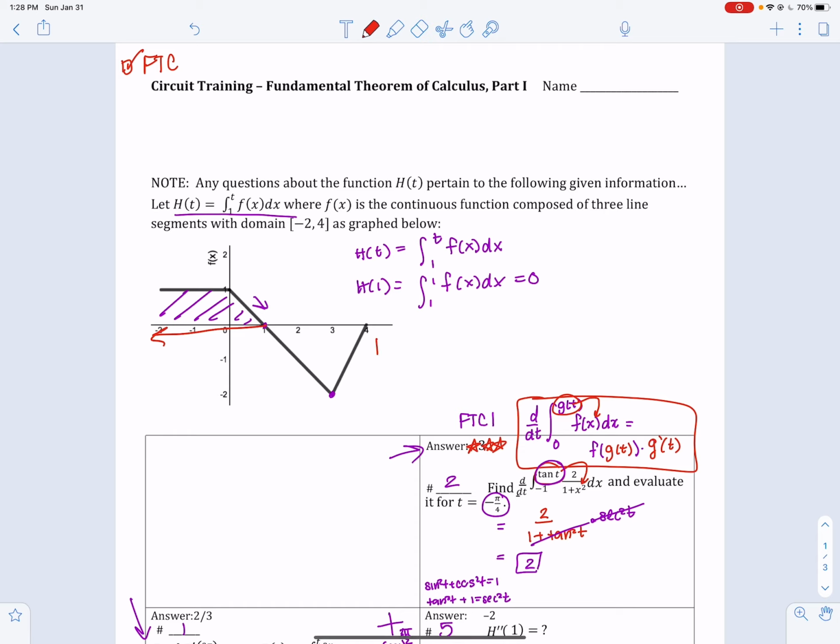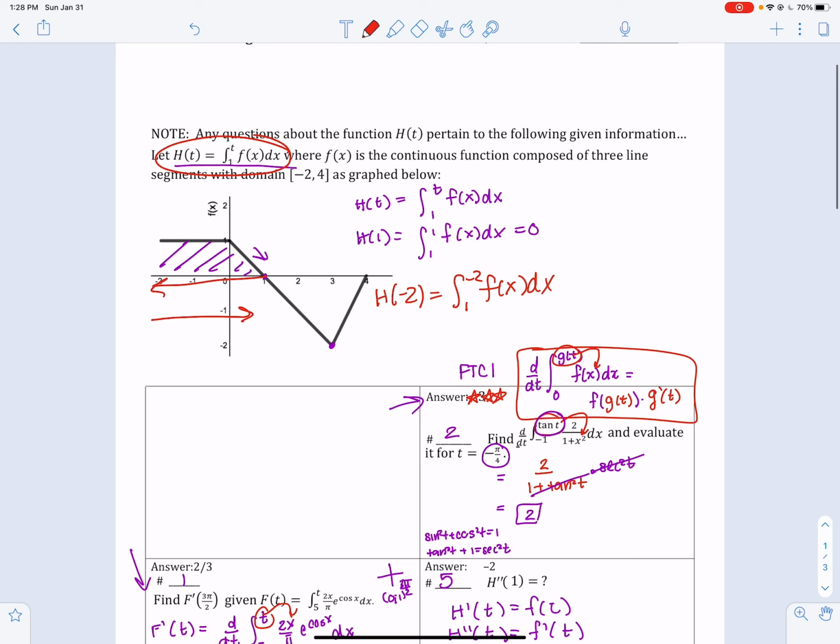So one more time. What is h of 2? That's the integral from 1 to negative 2 according to what we have here. But we're going backwards. It doesn't make sense. We always go from negative 2 to 1. Then backwards here. So we're going to just take that area and make it negative.